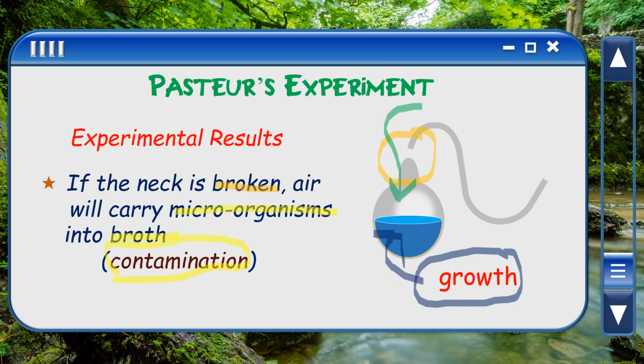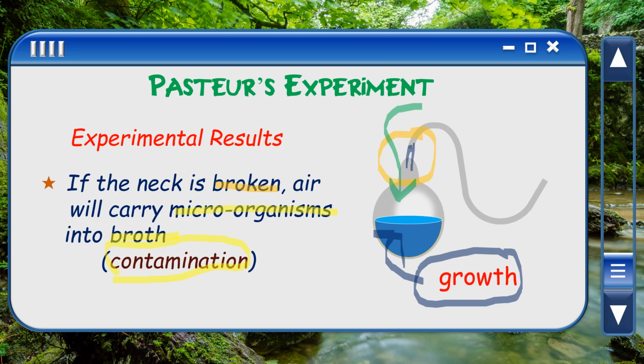Yet remember, in the other experiments he carried out, where there wasn't any breakage in the apparatus and he had sealed off the entry with water, there wasn't any contamination in the broth, and no organism was found there.